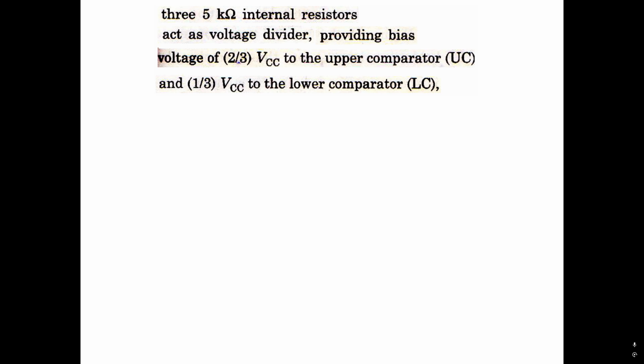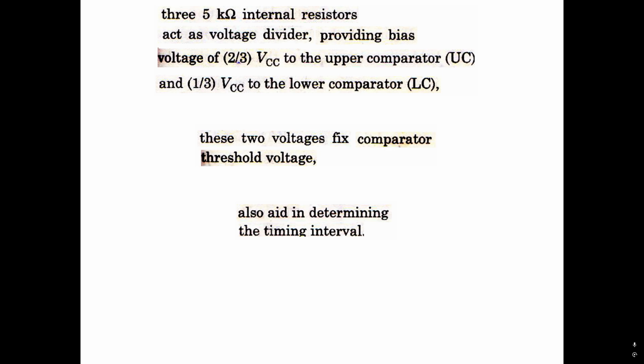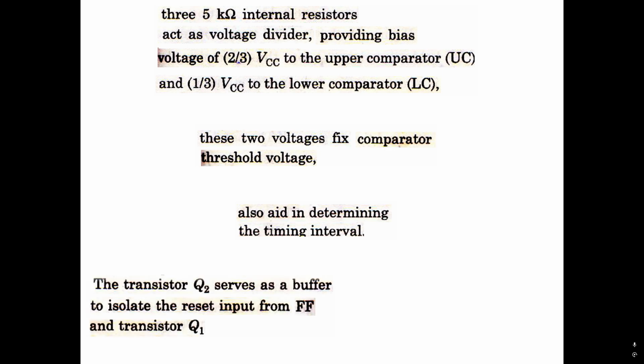Three 5 kilo ohm internal resistors act as a voltage divider, providing a bias voltage of 2/3 VCC to the upper comparator and 1/3 VCC to the lower comparator. These two voltages fix the comparator threshold voltage and also aid in determining the timing interval.